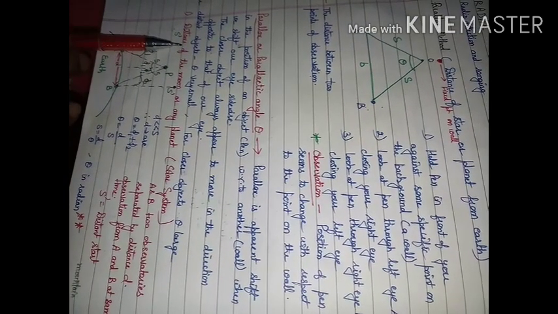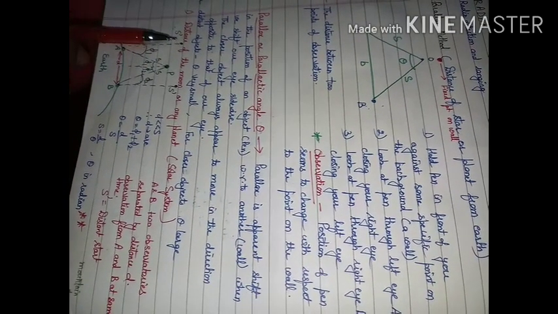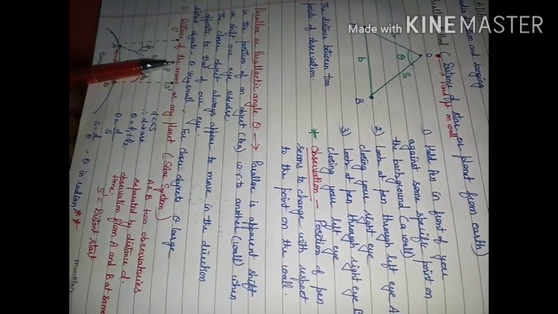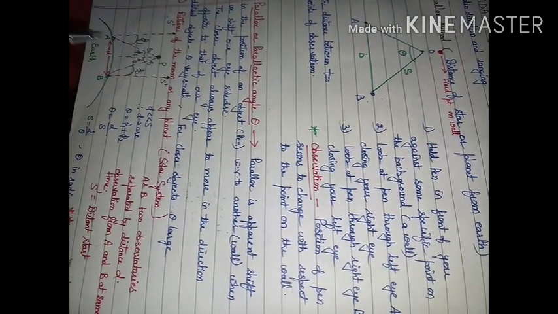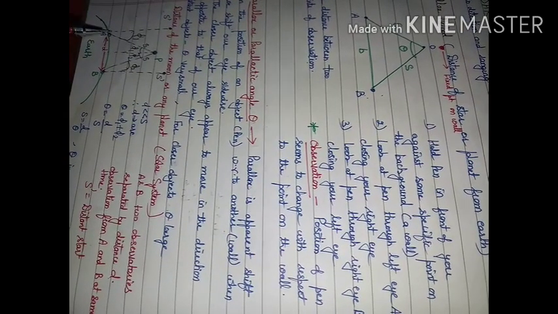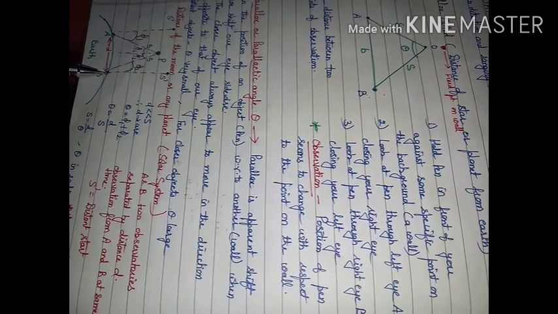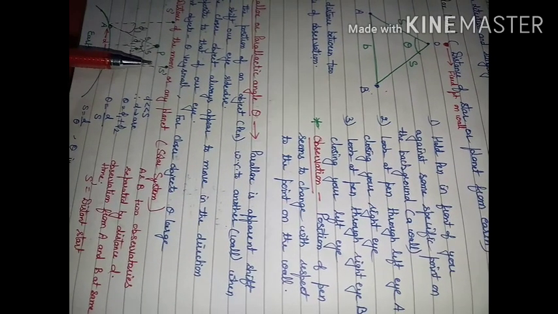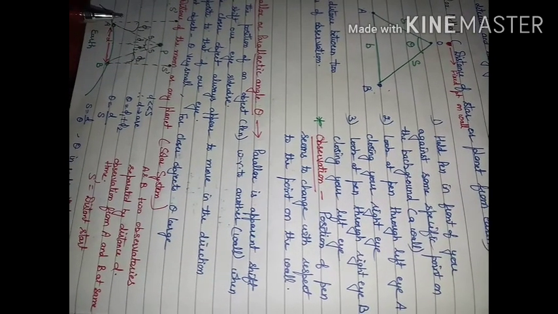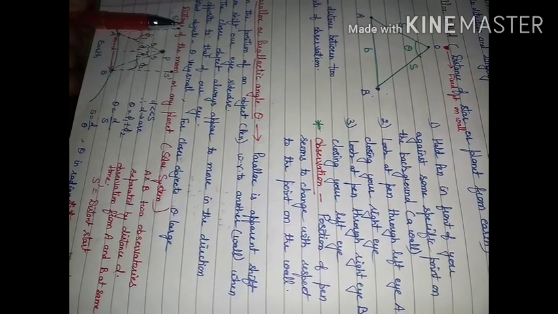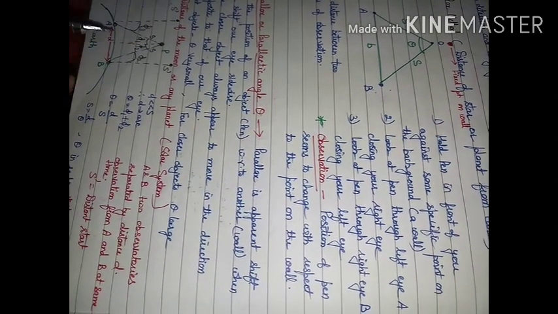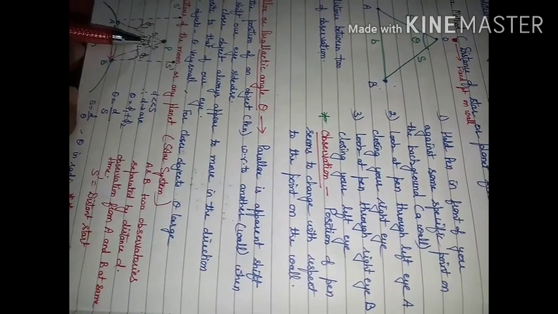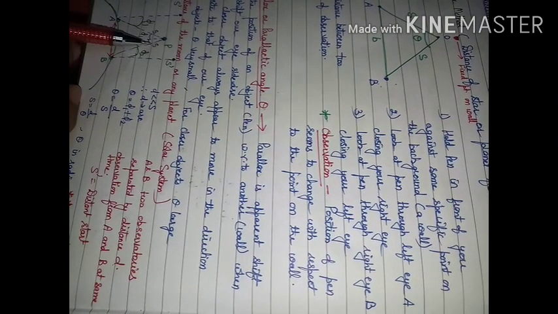Then we change the position of the telescope like this, and from here change in position like this. For a distant star, from this point and from this point, there will not be much change in the direction. So when you change your telescope from this position to this position, this angle will be known to you. Similarly, the value of this angle.